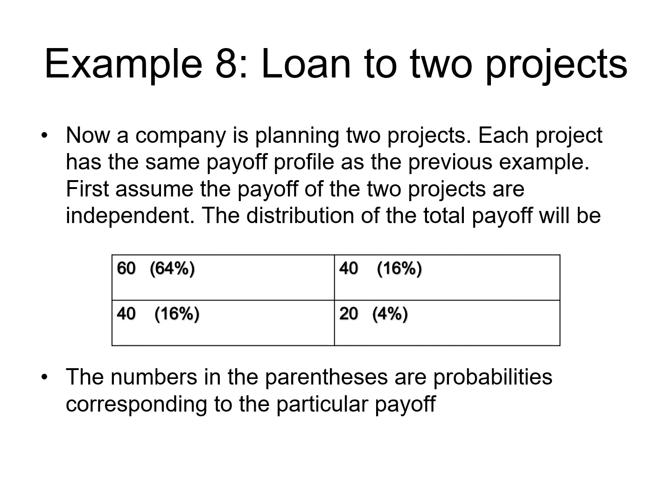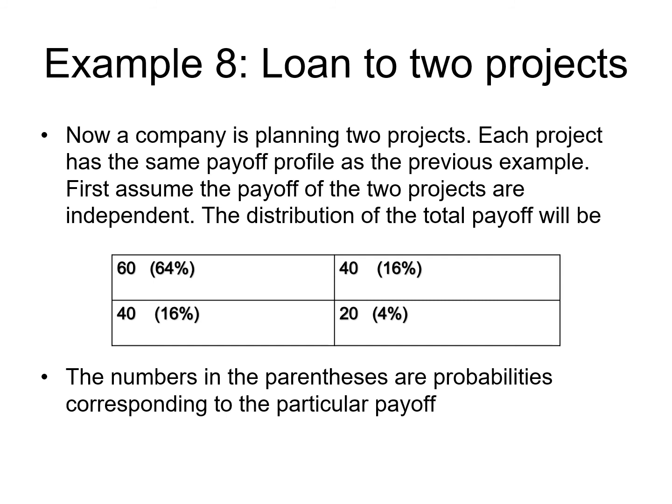First, we assume the payoff of the two projects are independent. The distribution of the total payoff will be 60 at 64%. This means both projects will earn $30 million, and the probability is 80% times 80%, which turns out to be 64%.